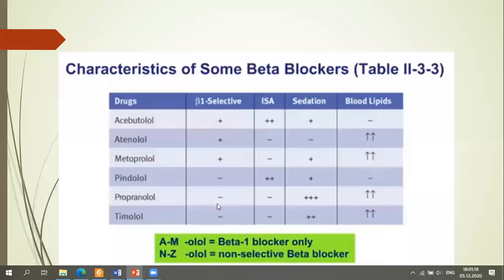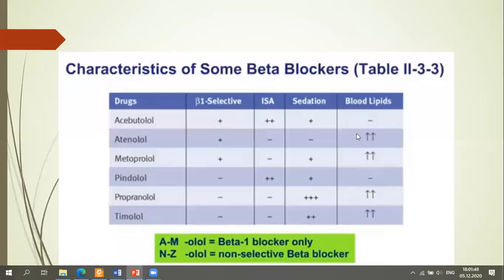And in this way, here there are some minuses. ISA, intrinsic sympathomimetic activity, is only found in acebutolol and pindolol. And blood lipids are also left unaffected in pindolol and acebutolol.